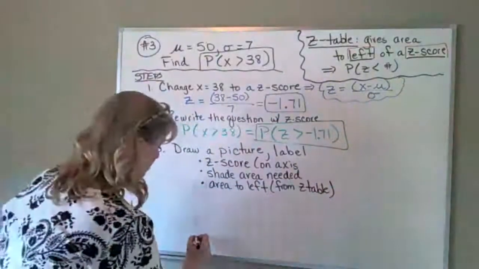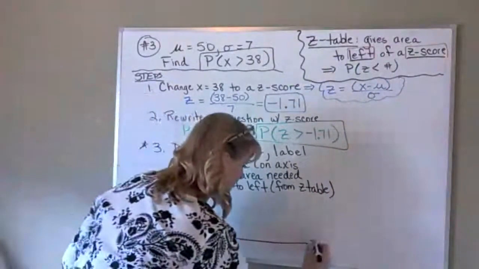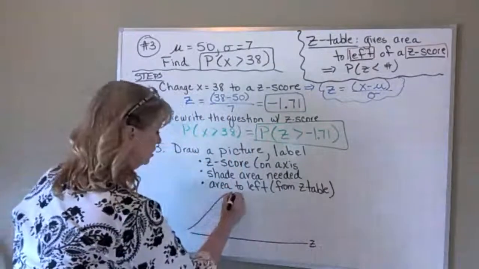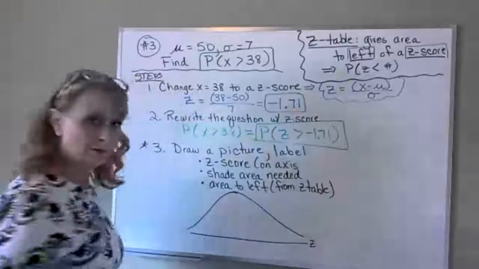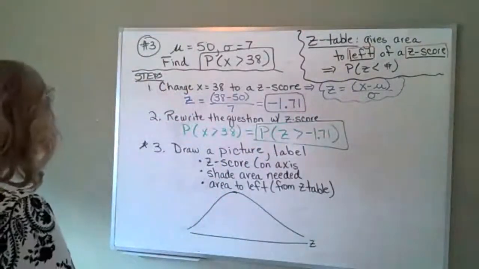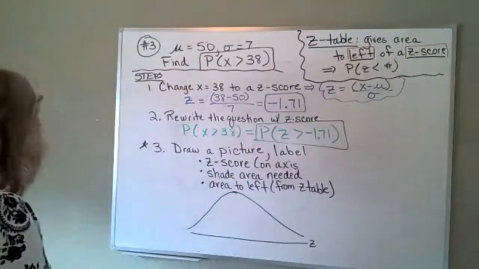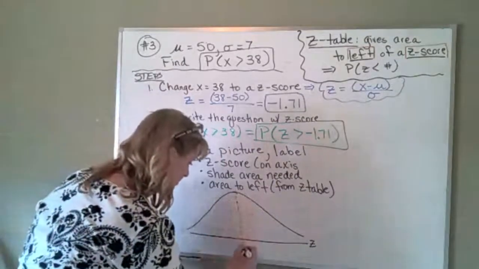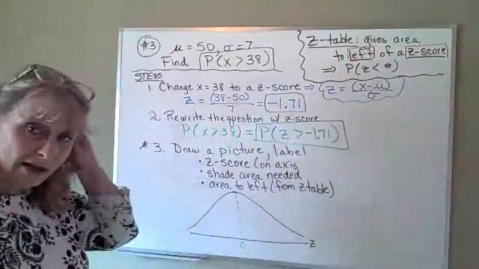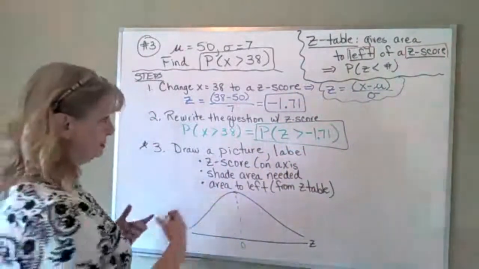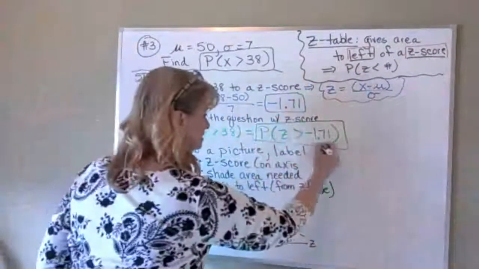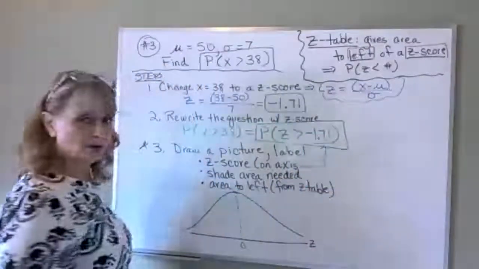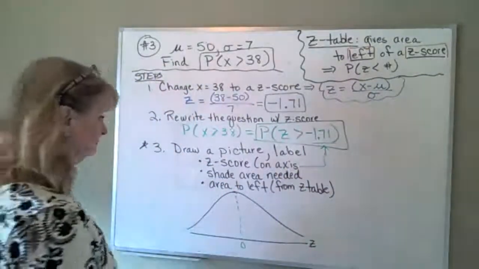So I'm going to draw my picture. I'm going to label that axis Z. We're going to draw a bell curve. I like to put 0 in the middle. I don't require it, but it just helps me put this number in the right place. This is the z-score we're going to put on the axis.